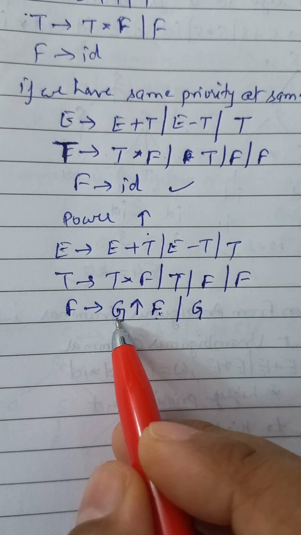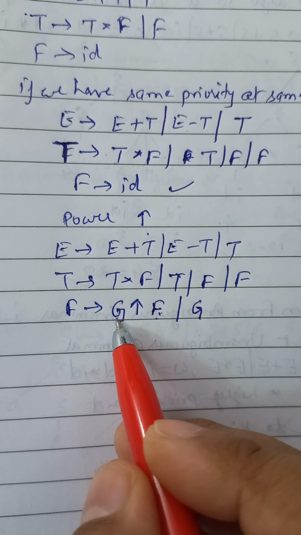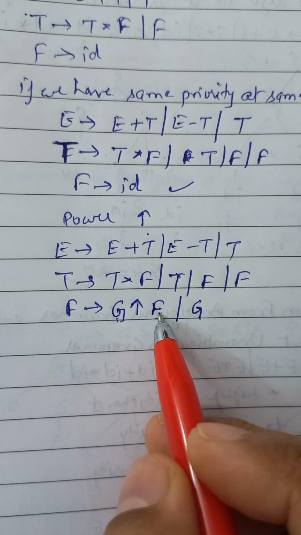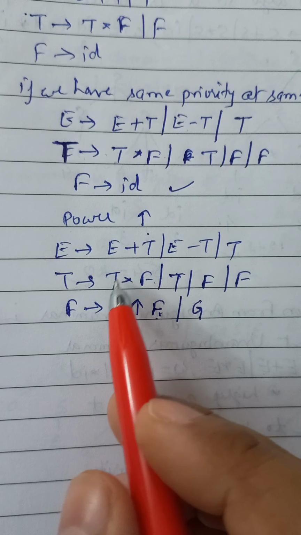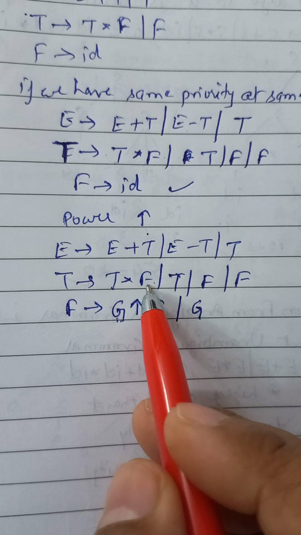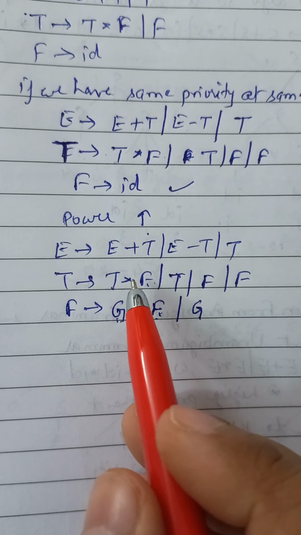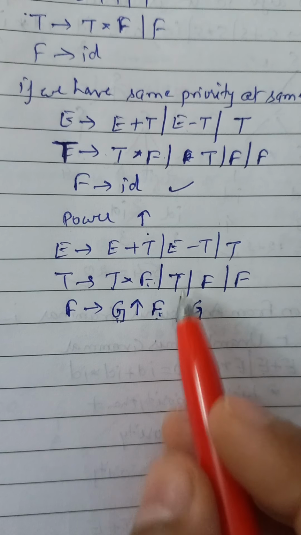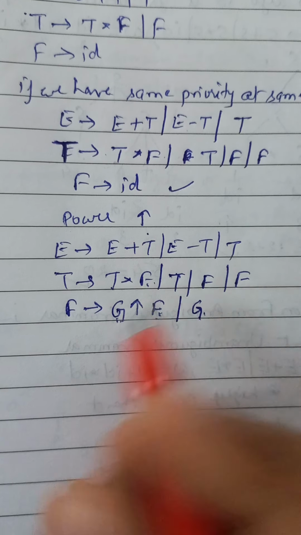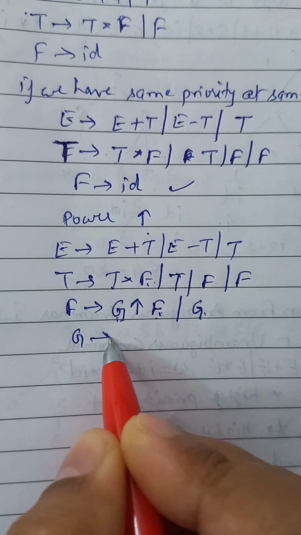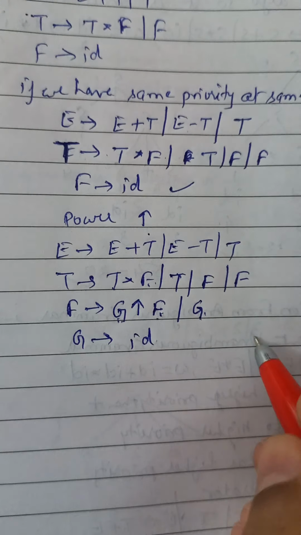That's why we first write the new variable, then the old variable. But in left to right, first we write the old variable, then we take the new variable in between the operator oblique new variable, and then G tends to id. This will be the grammar.